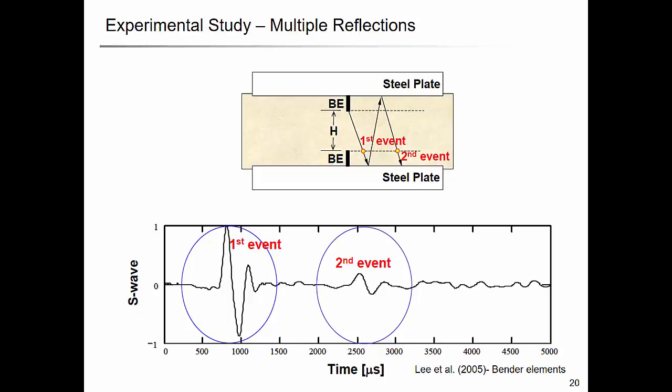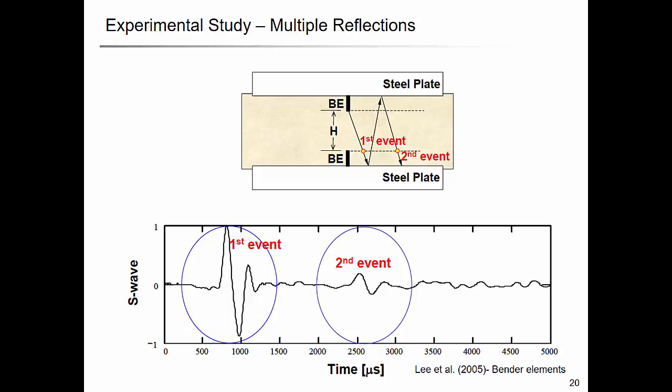Right? And the second event is after 2L of propagation, right? So from here to 1L and 2L, right? So here you have a first arrival, and then you have a second arrival of the reflected wave. And what can we do using this signal?